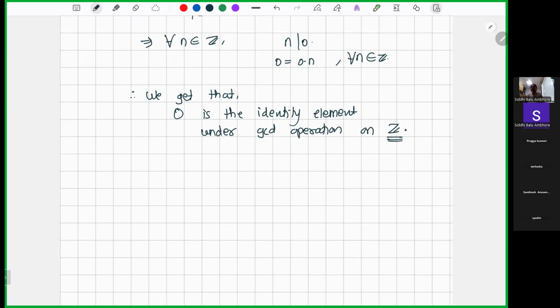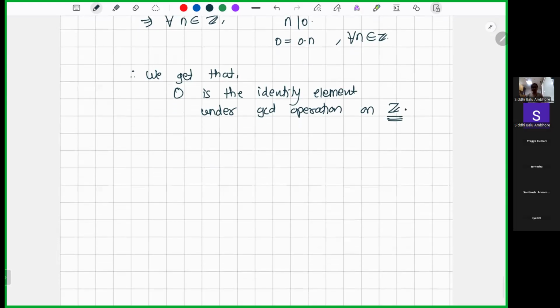Is this clear that Z is now giving me the identity of my operation GCD on the set of integers? We saw that on the set of positive integers it was not possible, but when I take the set of integers, the identity exists.